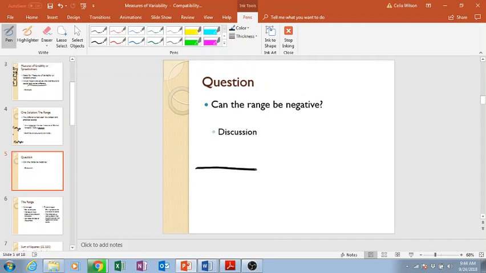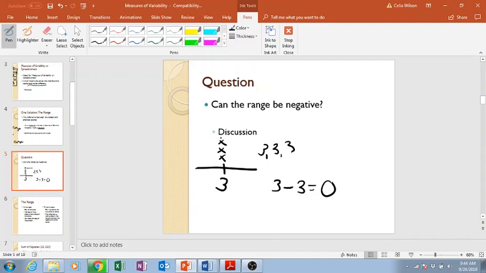What if I have a set of scores like this? I have 3 threes. So my little small data set is just 3, 3, 3. All right. So can the range be negative? What would my range be on this one? 3 minus 3, right? The range would be 0.